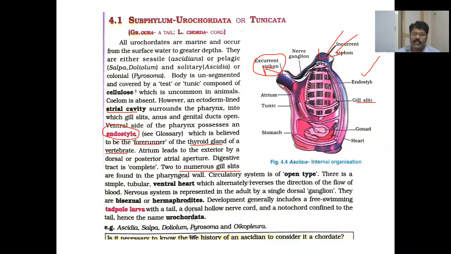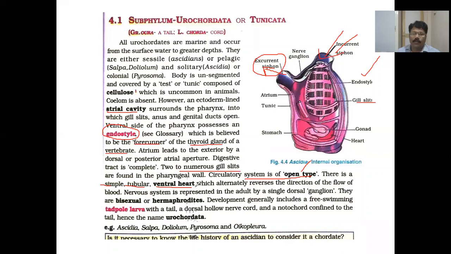And next one is the circulatory system is open type. So we have an open type of circulatory system, and the ventral heart is present, and it is very simple and tubular. And the most important character of the circulatory system of urochordates is that it can reverse the blood flow. This is a very important character.